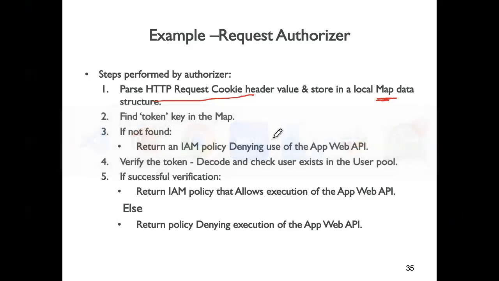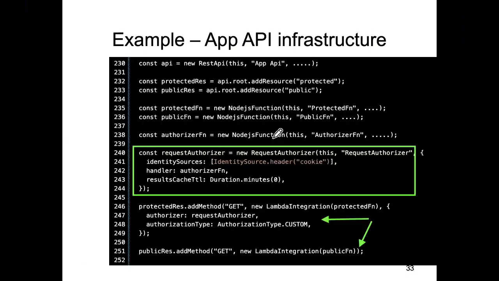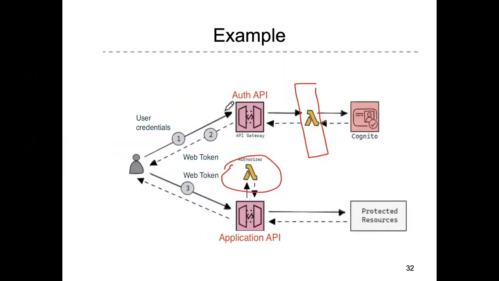If I go back to here, actually, now I was slightly inaccurate, but it was okay for me to say it at the time. In fact, what actually happens is this lambda here is executed before the request gets as far as the web API.